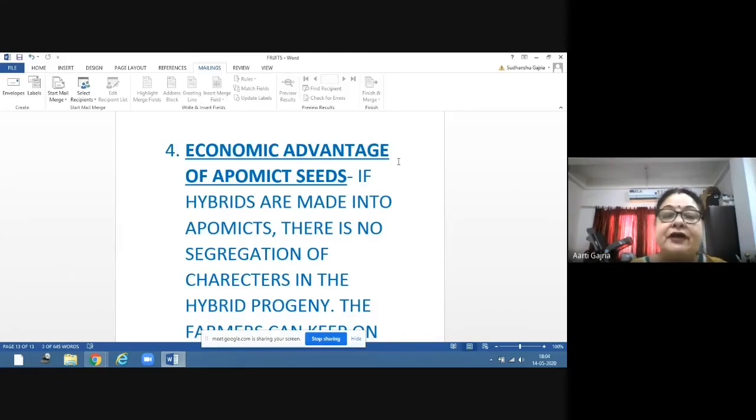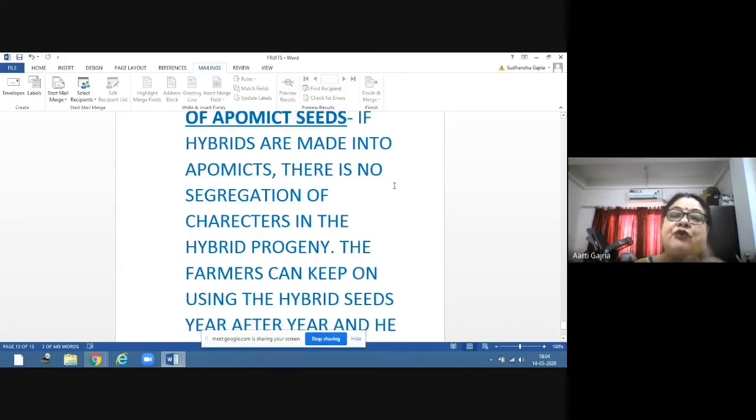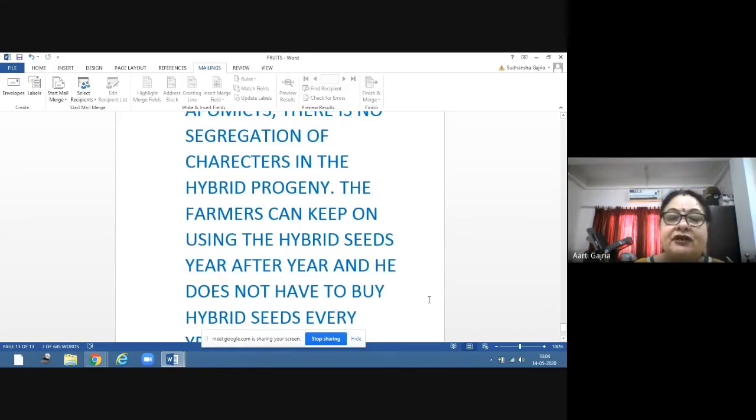Once these hybrid seeds are ready, they give the required progeny only for one season, because in the next season the progeny may segregate and may or may not give you the desired quality. So there is no surety. But if these hybrids are made into apomictic, then there is no segregation of characters in the hybrid progeny. So the farmer can keep these hybrid seeds year after year and does not have to buy hybrid seeds every year.